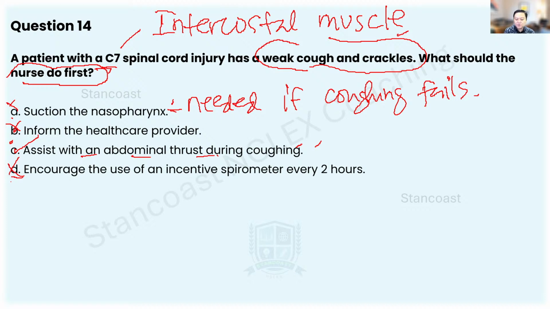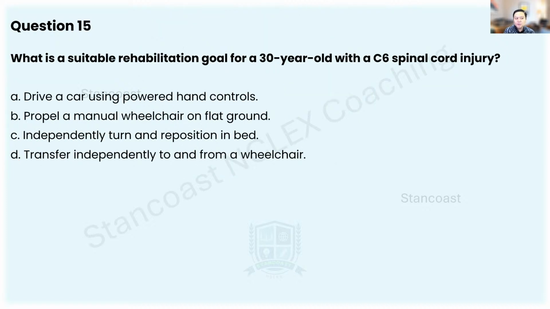Let's have number 15. What is a suitable rehabilitation goal for a 30-year-old with a C6 spinal cord injury? Is it A, drive a car using a powered hand control? Or B, propel a manual wheelchair on flat ground? Or is it C, independently turn and reposition in bed? Or is it D, transfer independently to and from a wheelchair?